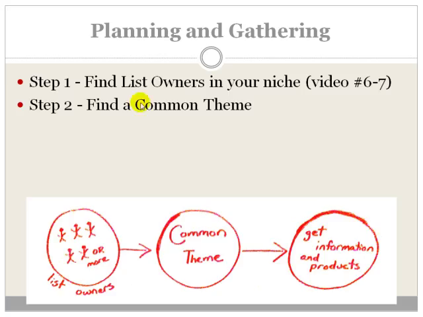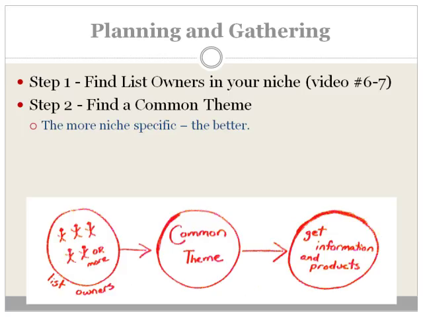And then you want to find a common theme. Find something common about all of these list owners and create a theme, because this is going to help you create a high converting giveaway sales page. The more specific the niche is, the better.